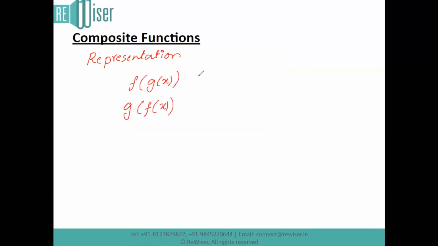Now, the same thing can also be represented as f of g of x. Even this means the same, f of g of x. This can be written as g of f of x. So both are exactly the same.